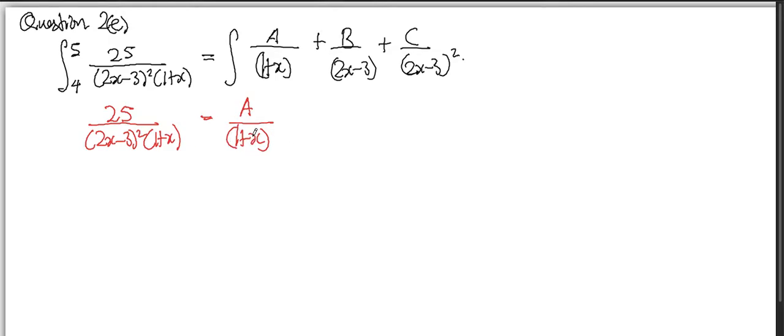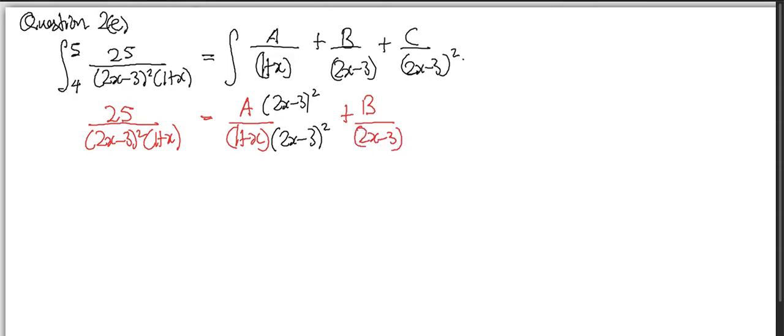What we have over here is 1 plus x, but on the left the denominator is 2x minus 3 squared. So what's missing? Of course, 2x minus 3 squared. So I'm going to multiply this by (2x minus 3) squared. Do the same thing to the top, and then on the other side we have B over 2x minus 3.